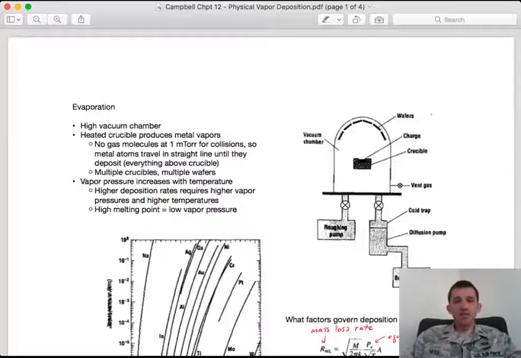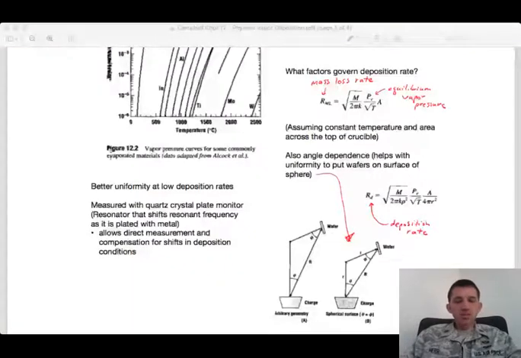You also have a low vapor pressure at the same temperature. So say for instance, tungsten has a really high melting point, which means that to get the same vapor pressure, you're going to have to go to a much higher temperature, or at a lower temperature, your vapor pressure is just going to be a lot lower than, say, a lower melting point metal like aluminum.